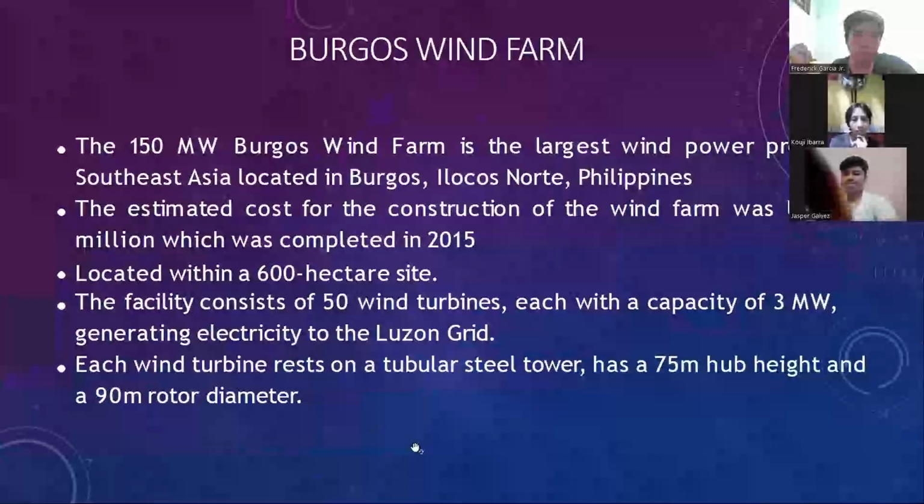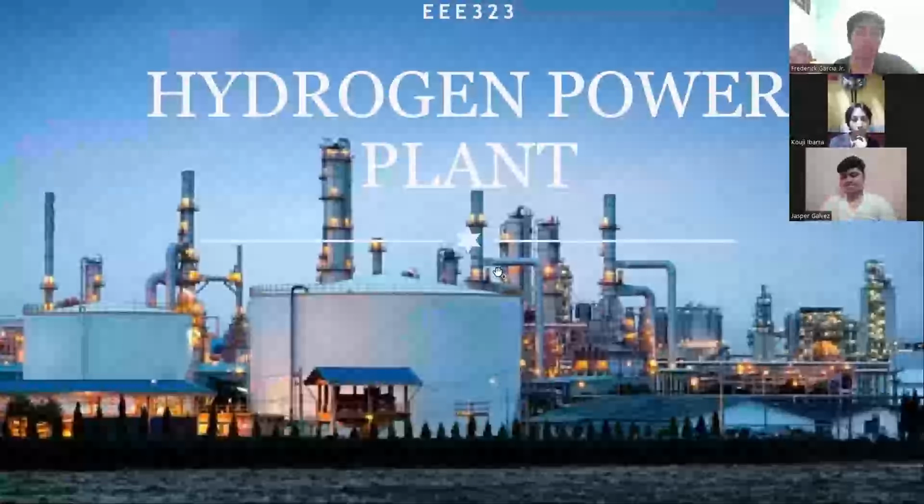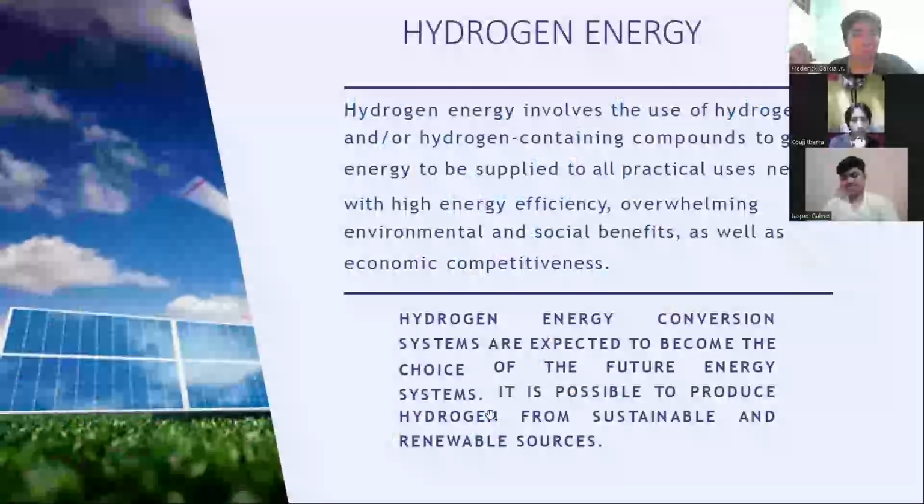So thank you. Now we move on to hydrogen power plants. Hydrogen energy involves the use of hydrogen and/or hydrogen-containing compounds to generate energy to be supplied to all practical uses needed with high energy efficiency.